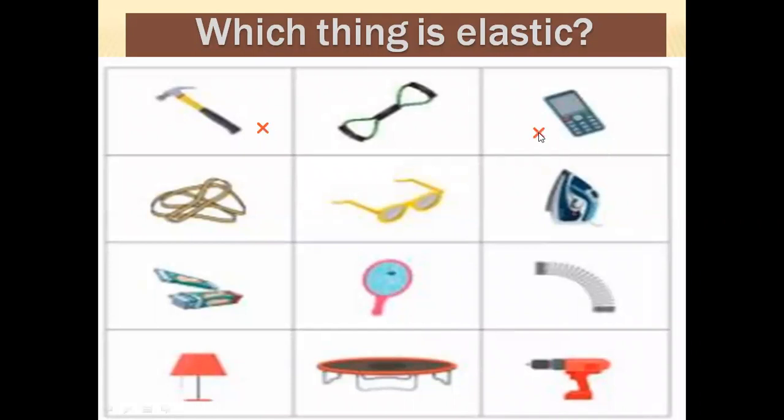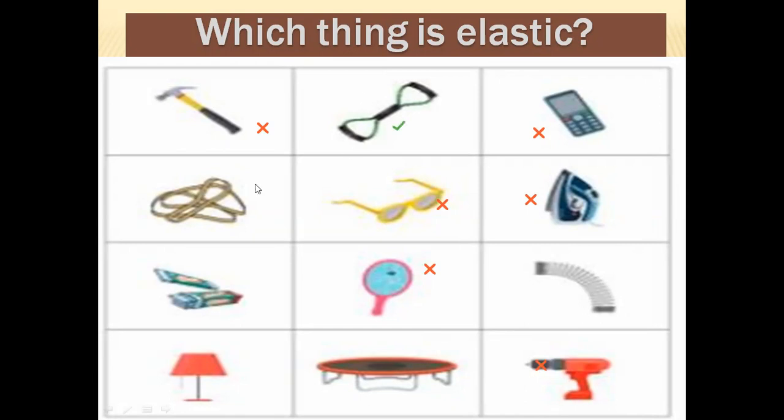Phone is not elastic. Iron is not elastic. Glasses are not elastic. Mirror is not elastic. Lamp is, and this one, drilling machine. Okay, let's see which are elastic.